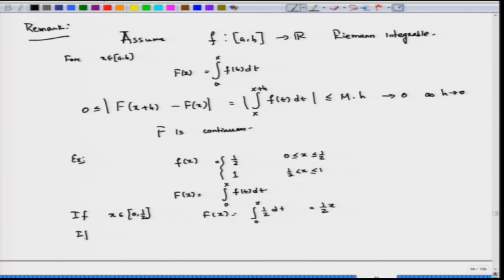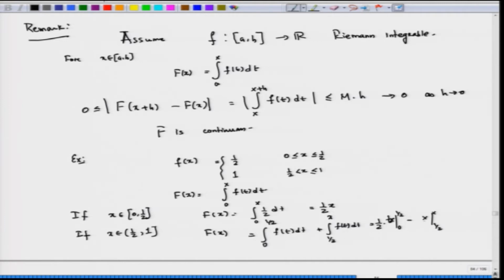Now, if x belongs to half to 1, then capital F of x is equal to the integral from 0 to half of f of t dt plus the integral from half to x of f of t dt, which is equal to half times x from 0 to half, plus the integral from half to x of 1 dt.